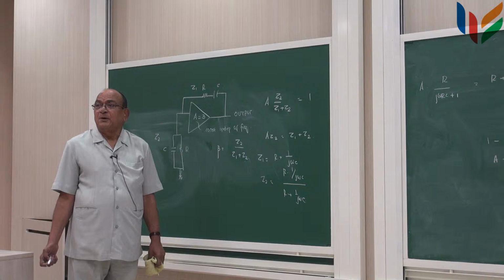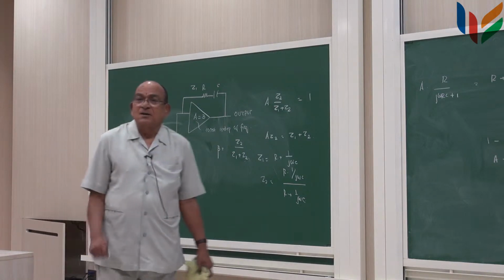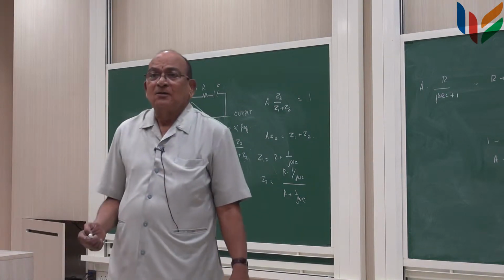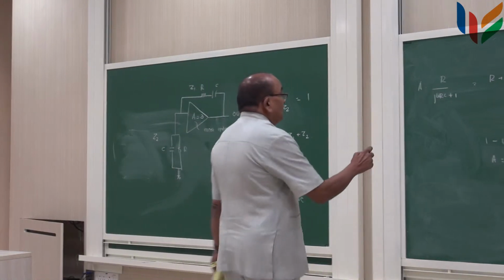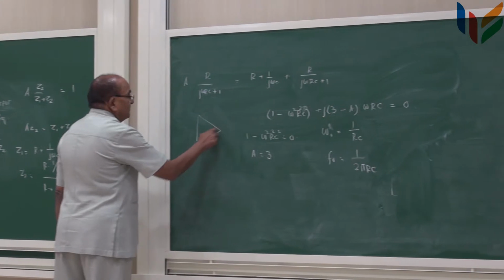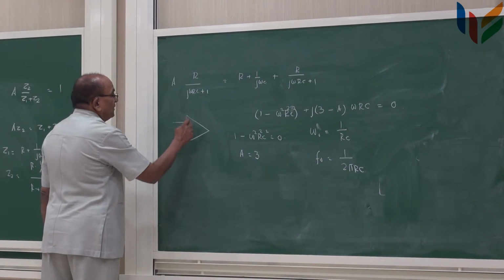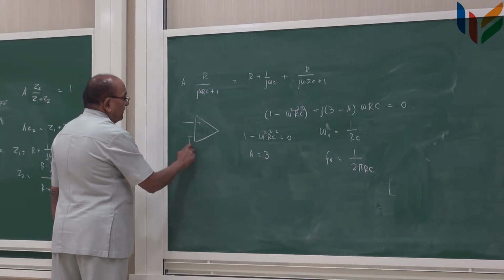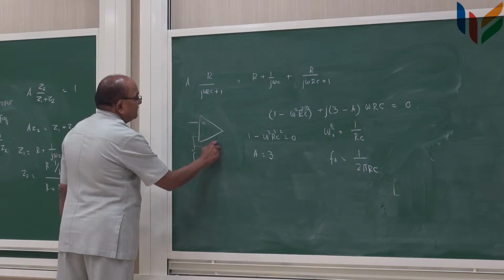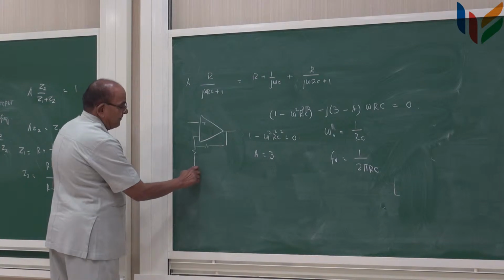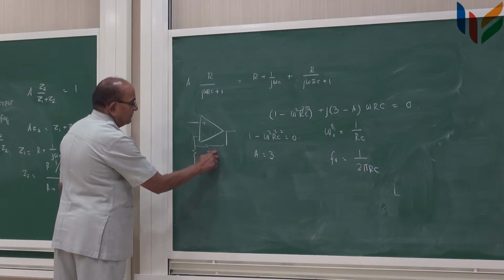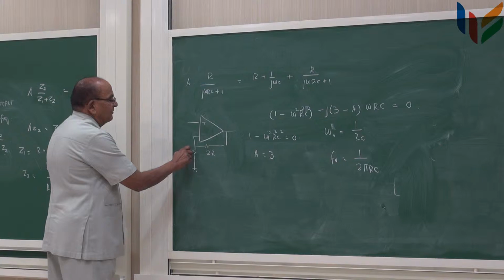Remember your operational amplifier, you want a non-inverting gain of 3. So, you take an operational amplifier and put the input here and then provide feedback, right, and this is 2R and R, some other value.